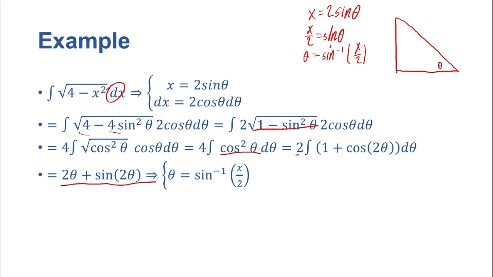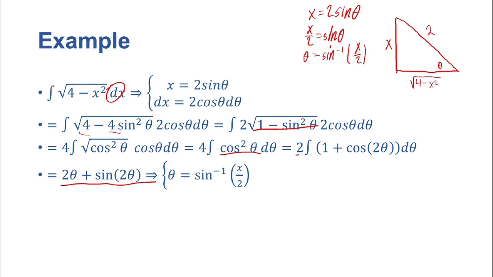If sine of theta equals x over 2, and we use the SOHCAHTOA definition, we have the opposite over the hypotenuse. So that means that this is going to be equal to x, and the hypotenuse is going to be equal to 2. So that means that this missing side is equal to the square root of 4 minus x squared.